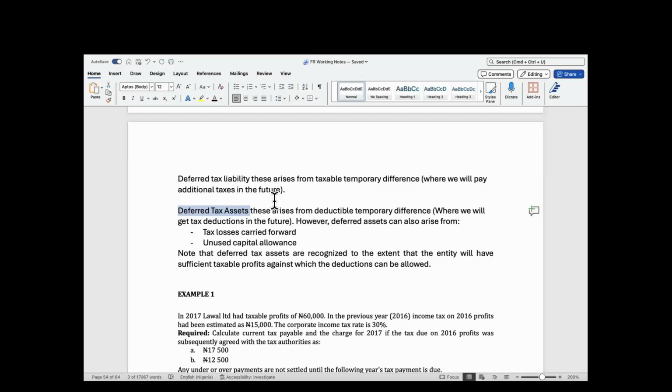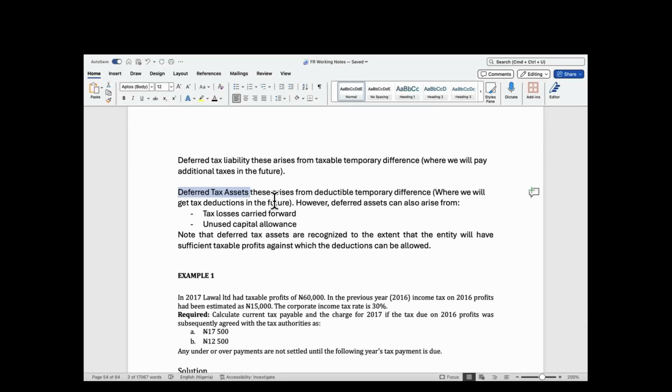There are other items that result in deferred tax assets, like tax losses carried forward. When you carry forward tax losses, the tax law allows you to use them to offset or reduce your tax in the future.